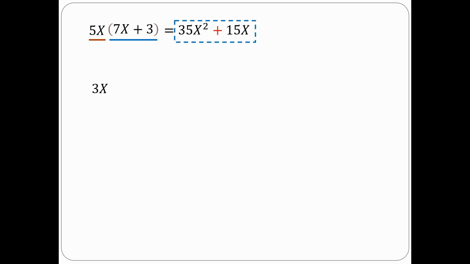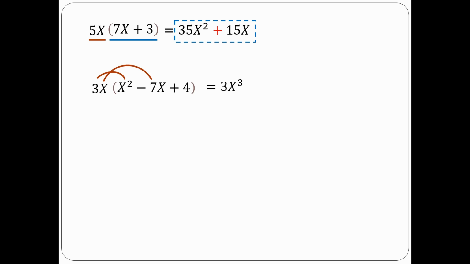This time we will multiply monomial 3x with a trinomial, x squared minus 7x plus 4. So we have 3x times x squared. So this is x to the first power times x squared. So the answer is 3x cubed.